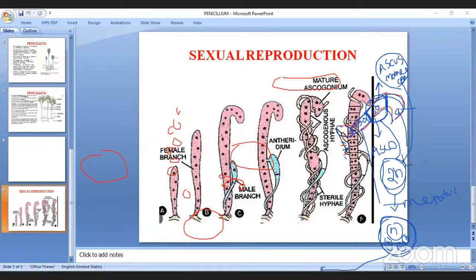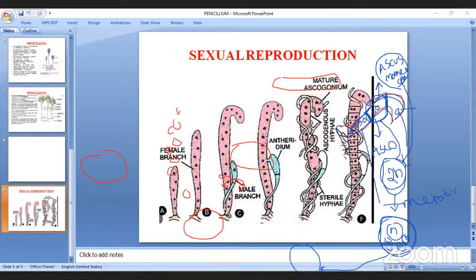After mitotic division, how many nuclei form? Four nuclei. These four nuclei enter into mitotic division. Now tell me the number of nuclei. 8.